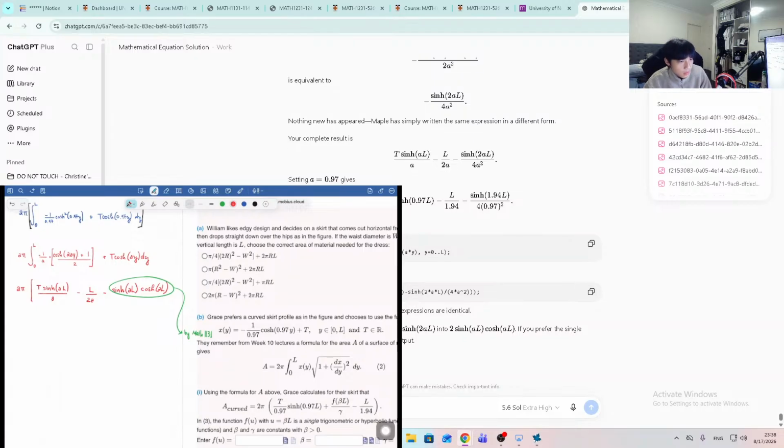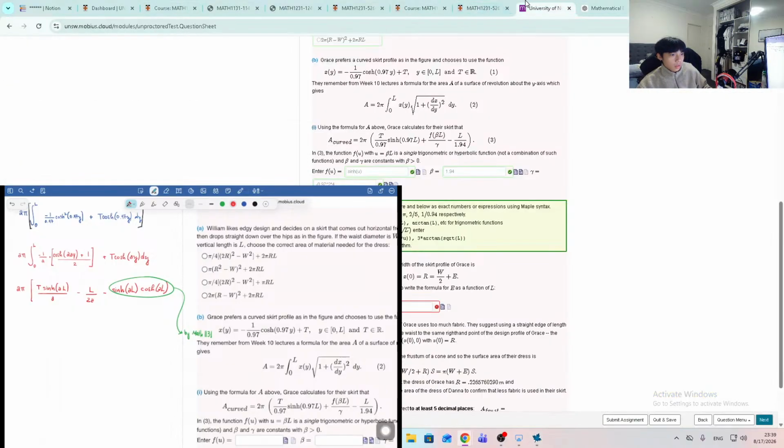Man. Does this work? It's an actual pain that I have to solve this.